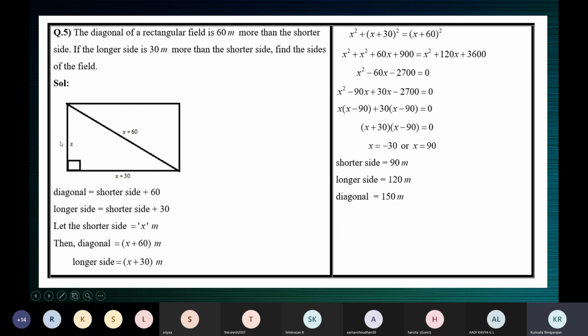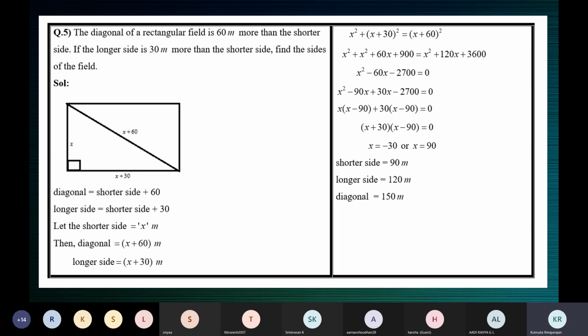Since in a rectangle every corner is a right angle, this is a right triangle. So to construct the equation, you can use Pythagoras theorem. We don't have any more information here. We only know about the length, breadth, and the diagonal.